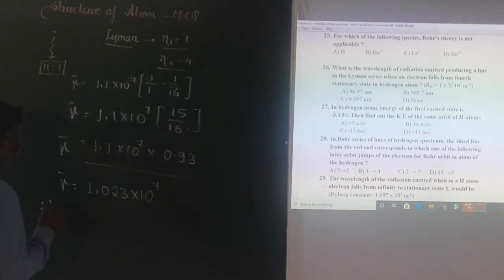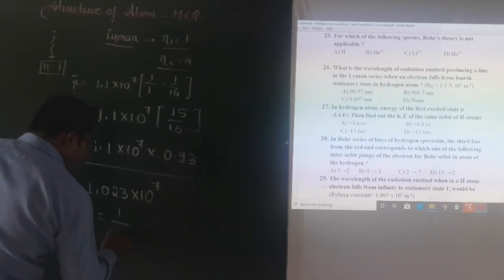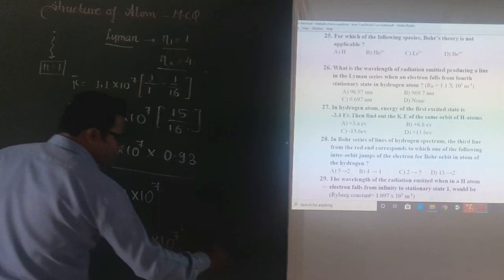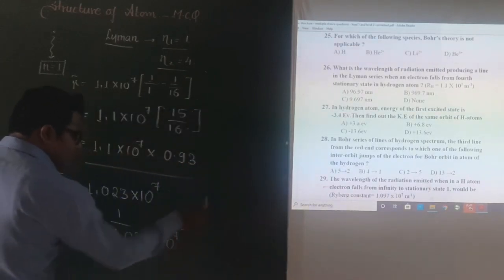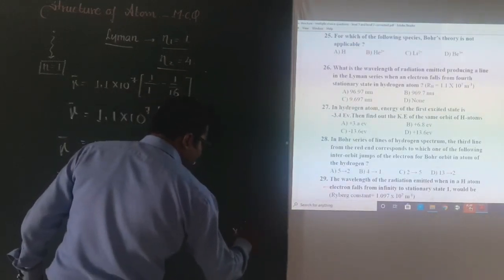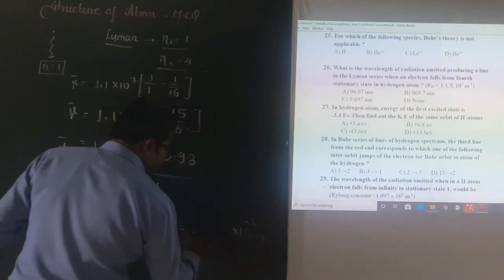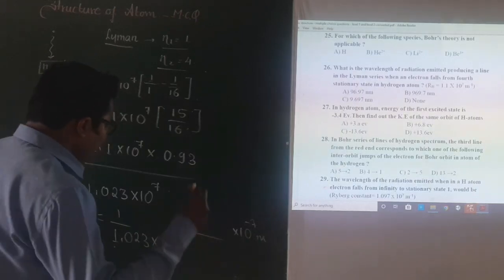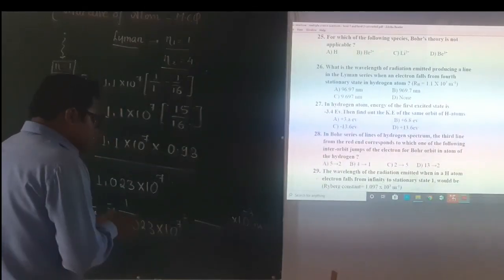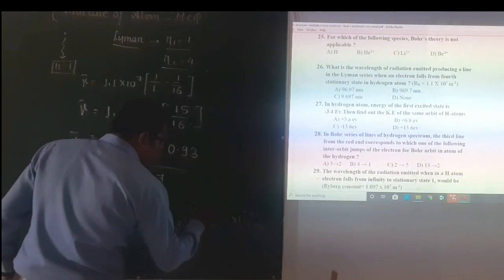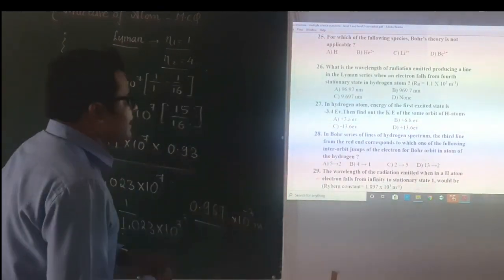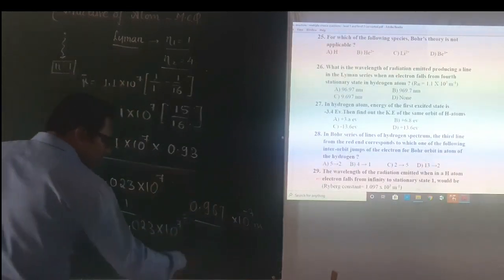Therefore lambda is equal to 1 over nu bar, that is 1 over 1.023 into 10 raised to 7. When you take the 10 raised to 7 to the numerator, you get 10 raised to minus 7 meters. So 1 divided by 1.023 is approximately 0.967.